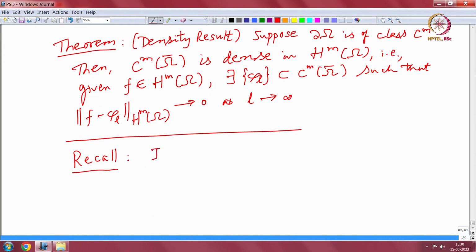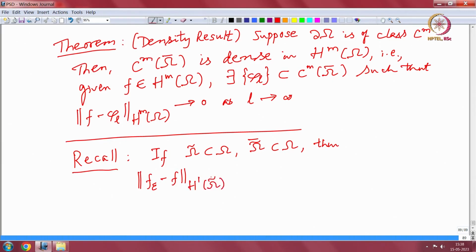So if omega tilde is open in omega, and omega tilde bar is also in omega, then f epsilon minus f in H1 omega tilde tends to 0 as epsilon tends to 0.